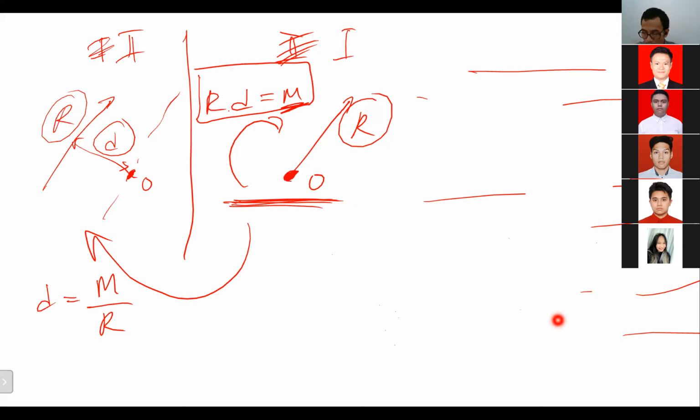The location is at perpendicular distance d from O, where d follows this moment divided by R. Do you get it, guys? Risky? Yes, Pak. I get it.